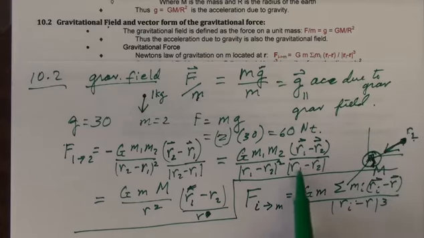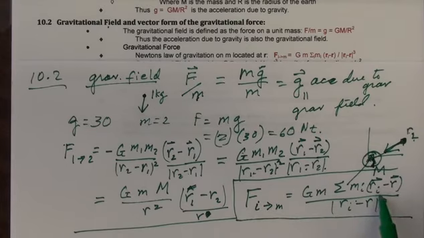Now why do we say cubed? Well, we could have used that cube all along. Here we have the square of a term and the first power, so if we multiply these together, we get the third power. One of those powers is simply to make this into a unit vector. So the force that exists on this one mass is going to be the sum over all of these masses of Ri minus R.